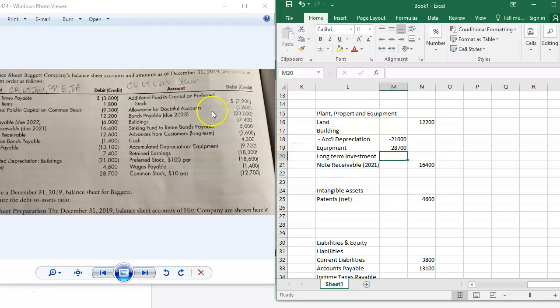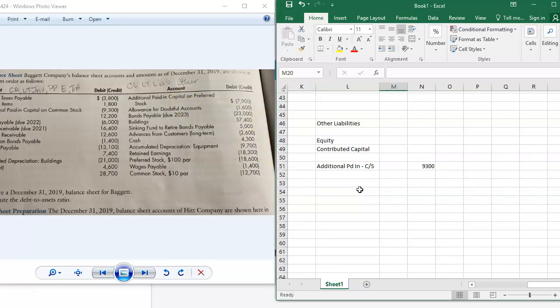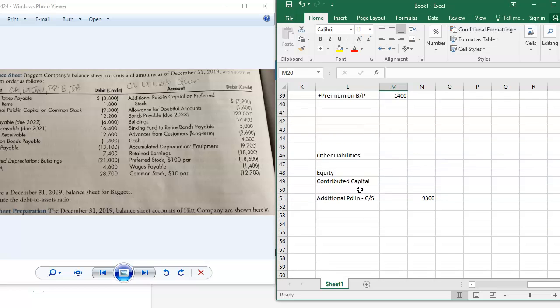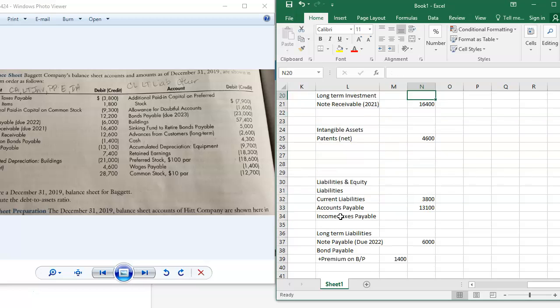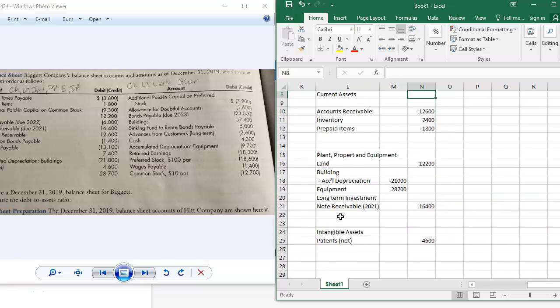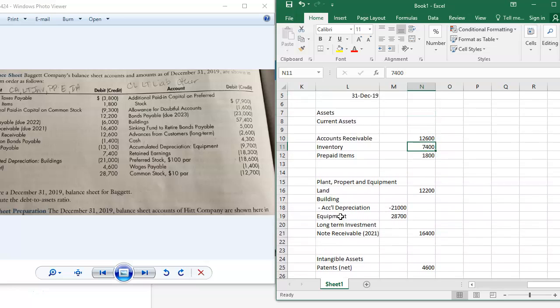Okay, then I have additional paid in on preferred, so that's back down here to equity. $700. All right, allowance for doubtful accounts is going to come up here, and actually what I need to do is it's going to come out of my accounts receivable.